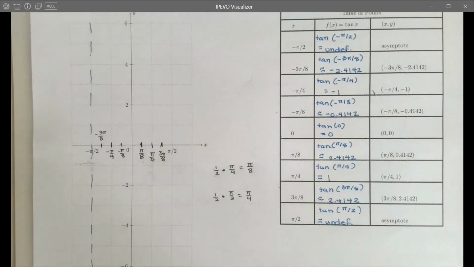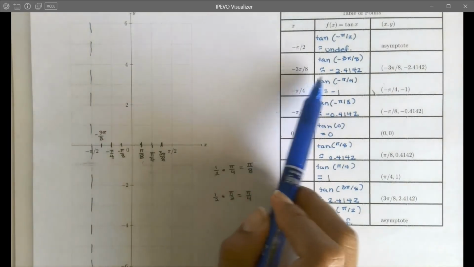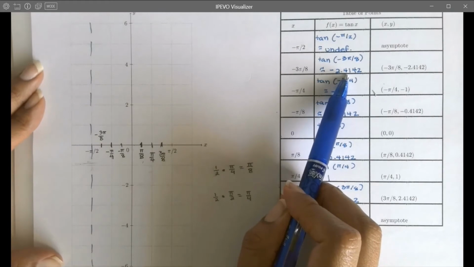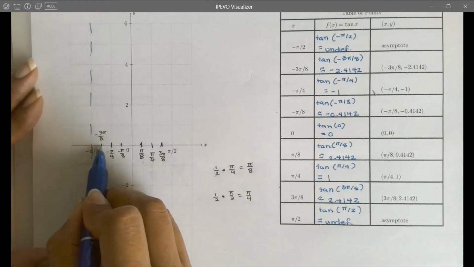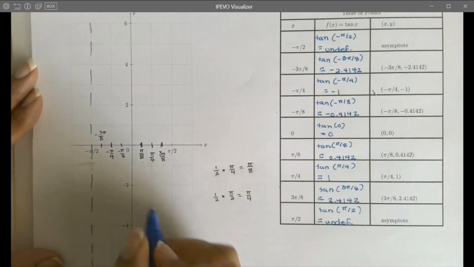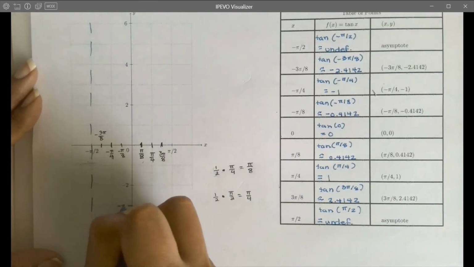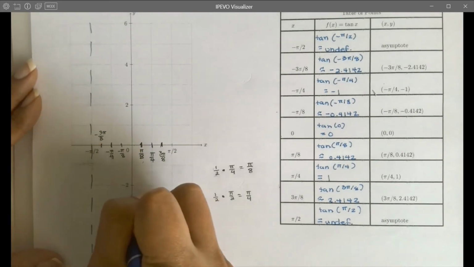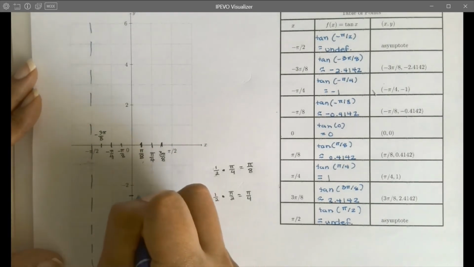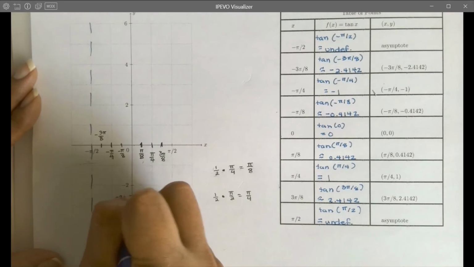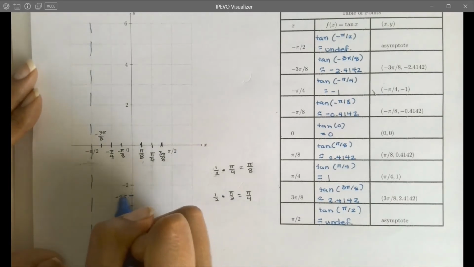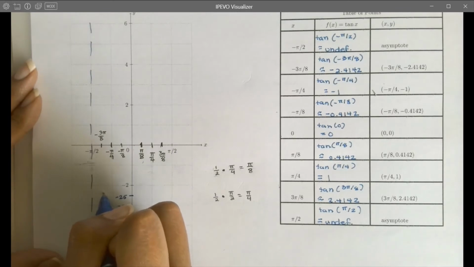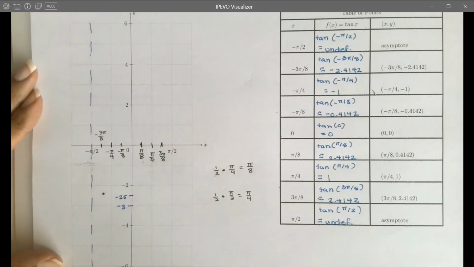Then at negative 3 pi over 8, that corresponds with a negative 2.41. This is negative 2, this here would be negative 3, then we would have a negative 2.5. So if I want to get negative 2.4, it's going to be right above that negative 2.5 line.